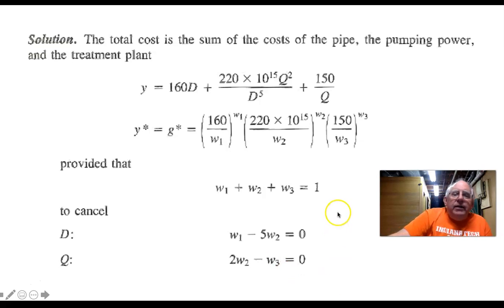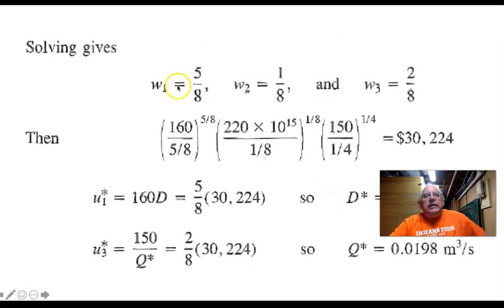And so now in this two-dimensional problem, we see that we have these three equations in three unknowns. And so we have a linear equation set that we now can solve however you want to, by substitution, by matrix method, by guess and check. And upon solving them, we see now that W1 is 5/8, W2 is 1/8, and W3 is 2/8.